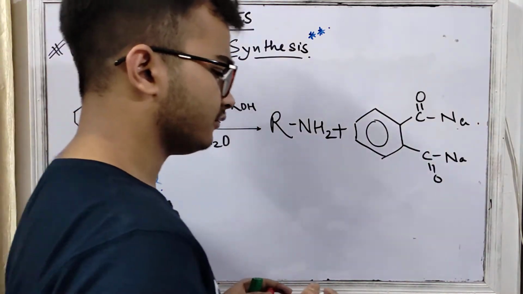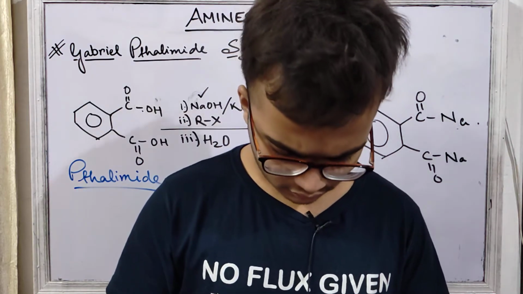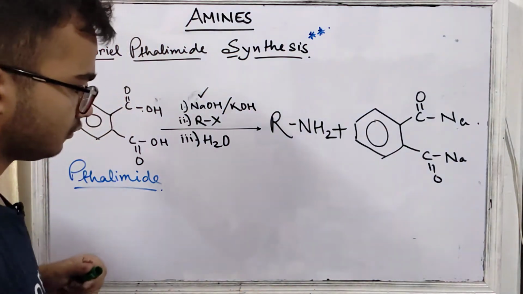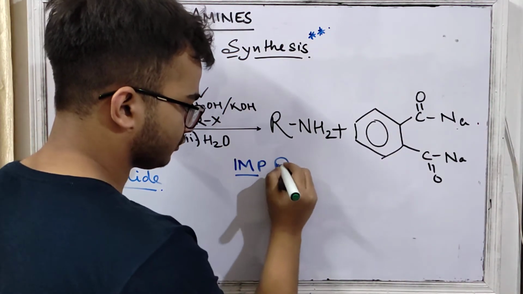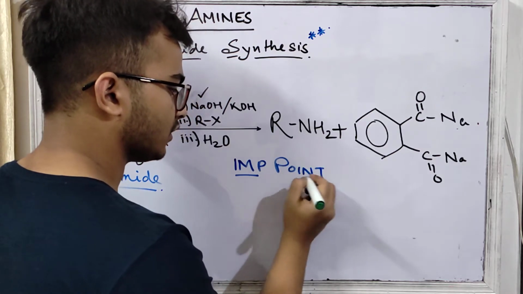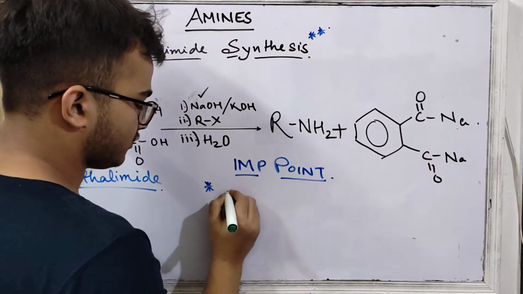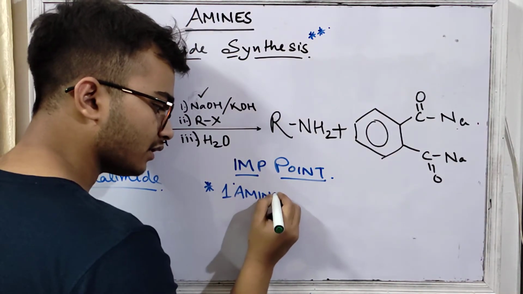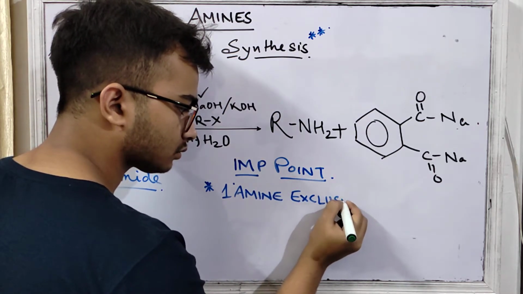Now you have to write a few important points about this reaction. Okay, so let's give the heading, important points. So, what are the important points here? You have to write primary amine exclusive.